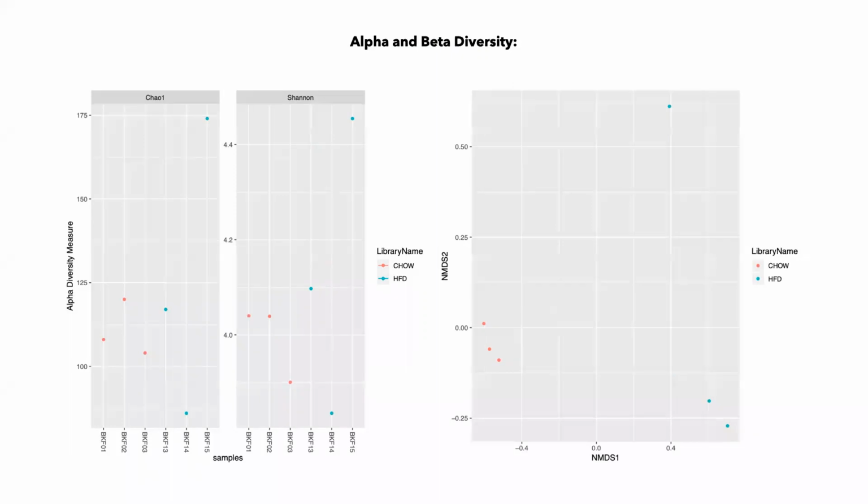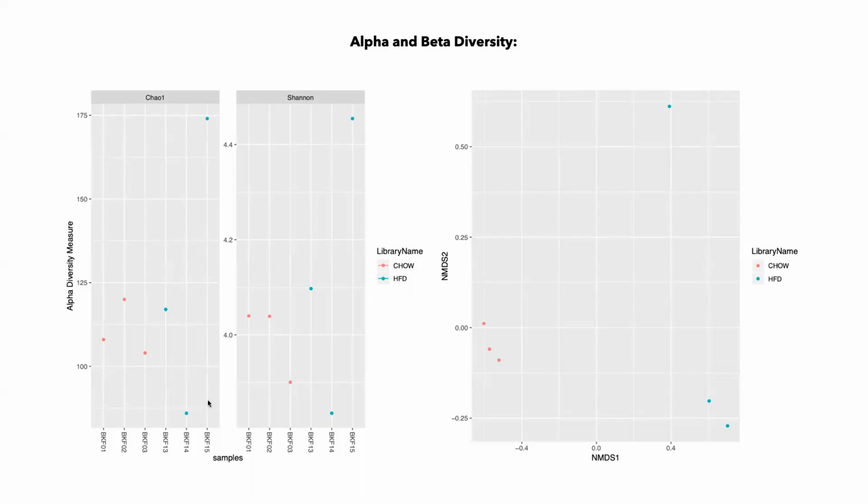That means that we have a way to measure how diverse each one of these groups of samples is. Okay, so here you can see, this is from the actual demo pipeline that we did. You can see the reduced number of samples, six total.